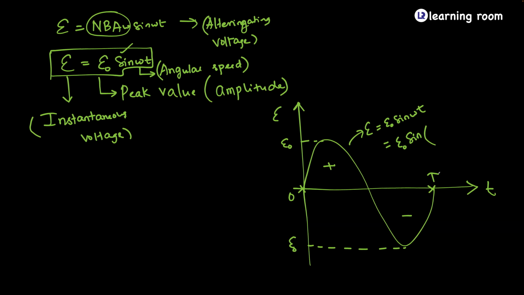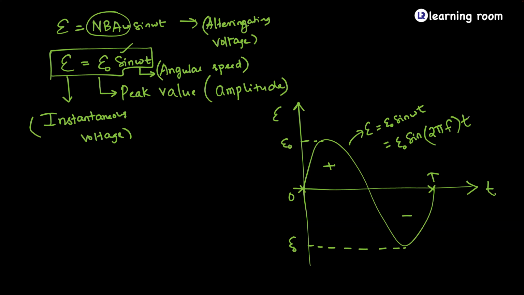It is not the angular frequency. I'm asking about frequency. The number of oscillations that have taken place in one time period, or you can say the number of oscillations completed in 1 second. That is more appropriate, right? So can I write omega as 2 pi f, so E naught sine of 2 pi f t, where f is the frequency?